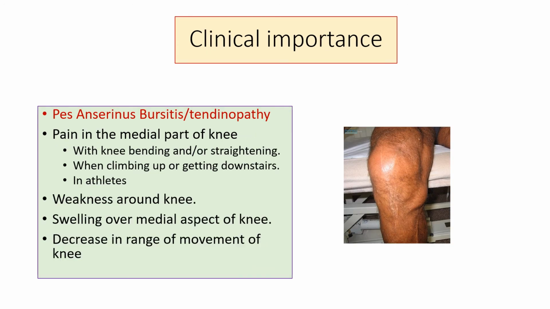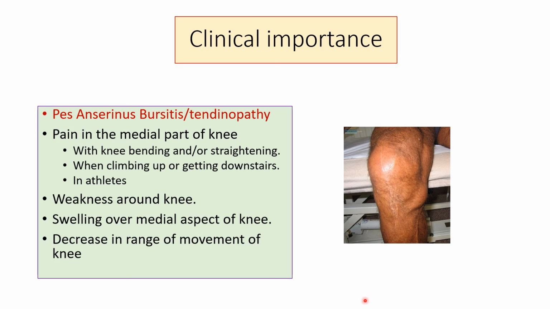In case of pes anserinus bursitis or inflammation of the tendon, that is tendinopathy, there will be pain in the medial part of the knee, which will be more with bending or straightening of the knee, when climbing up or getting down the stairs, and in athletes.